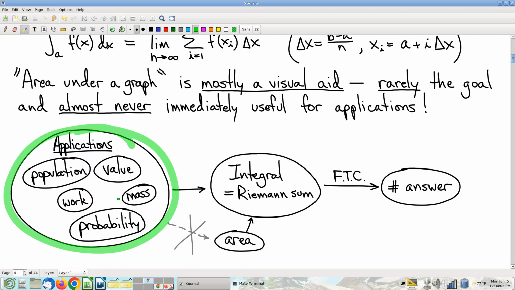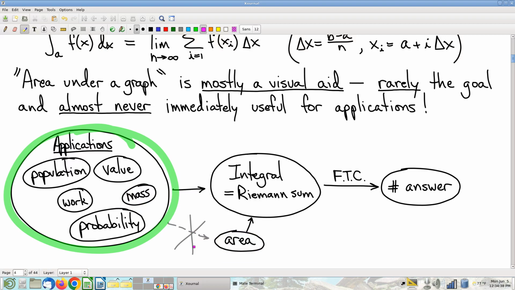You cannot make a direct argument such as, well, I want to compute the mass of a one-dimensional rod, and of course, naturally, that's area. How does that work? In what sense is a one-dimensional mass just clearly and obviously equal to a two-dimensional area? That is a non sequitur. It doesn't make sense.